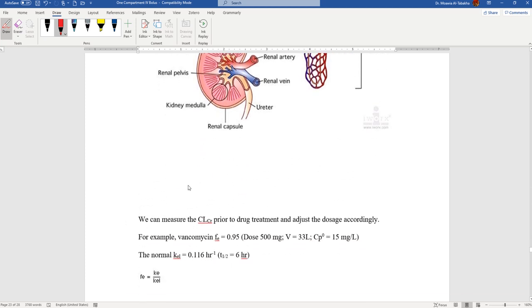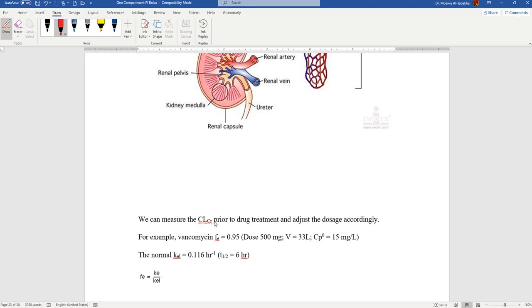Okay. Now, let's suppose the following. What we want to do now is show you the effect of kidney failure or kidney problem on the elimination of the drug. Suppose you measure the creatinine clearance. What did we say it gives you? It gives you an estimation of GFR. And what does GFR give you? A description of how your kidney is working.